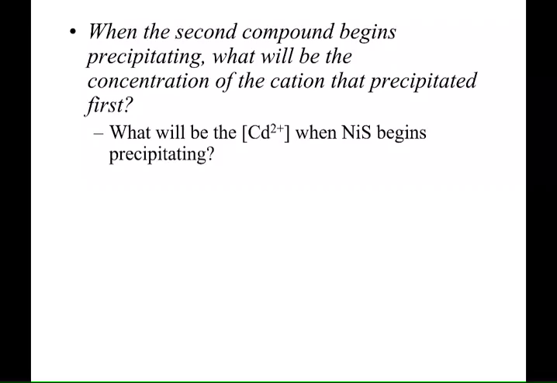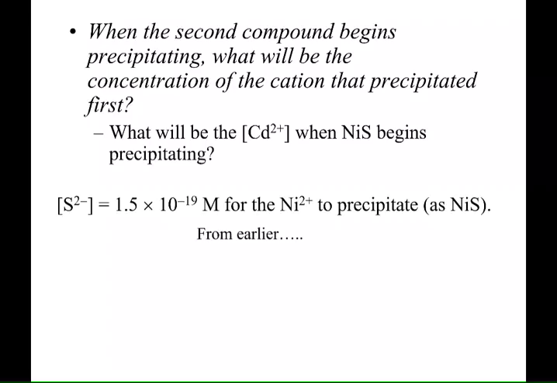So the follow-up question says, okay, you have your cadmium sulfide precipitating. How much cadmium ion will you have floating around in there when your nickel 2 sulfide, the second one, begins precipitating? I added this from earlier.